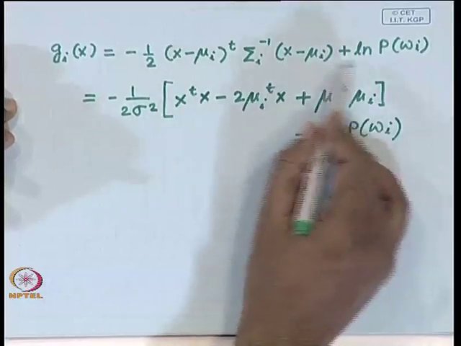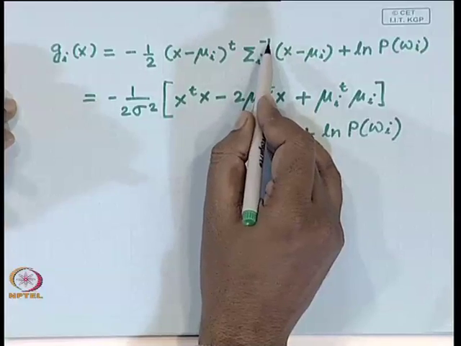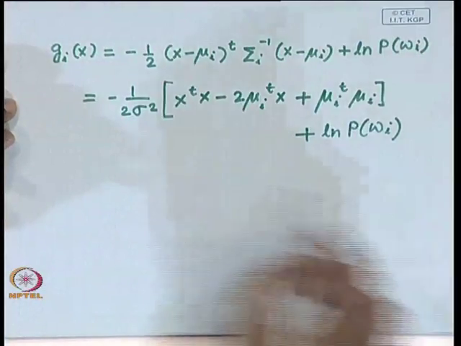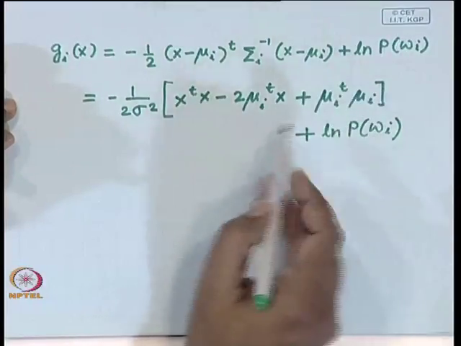This is nothing but the expansion of this term, where Σ_i inverse we have said is 1 upon σ² into the identity matrix. So, that is why here I get 1 upon 2σ², and if I simply expand this, I get this particular expansion.